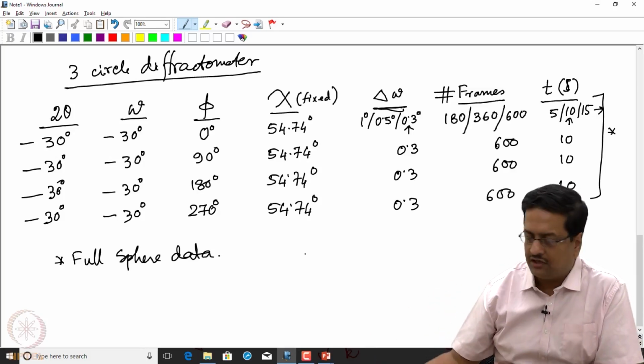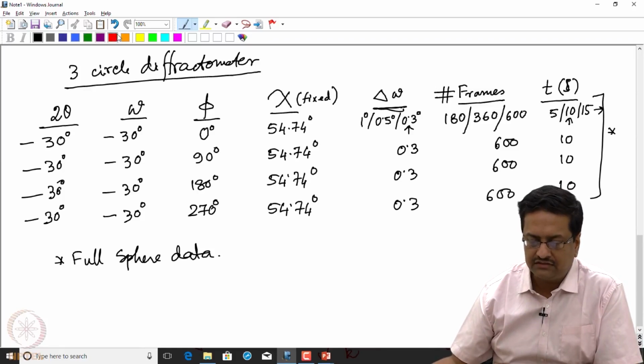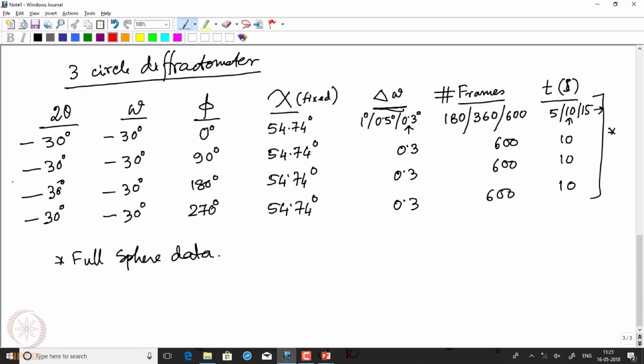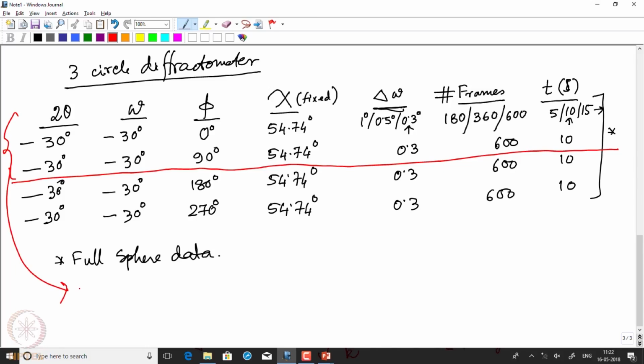If we had stopped after recording the first two sets of data, this represents nearly the hemisphere data, but in some diffractometers it may not be doing this as hemisphere data.